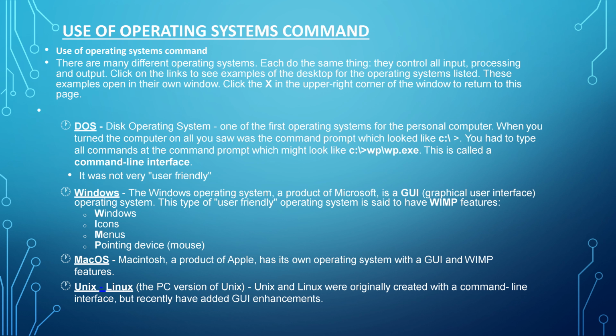We have Unix and Linux. The PC version of Unix, the Unix and Linux were originally created with a command line interface, but currently have added graphic user interface enhancements.